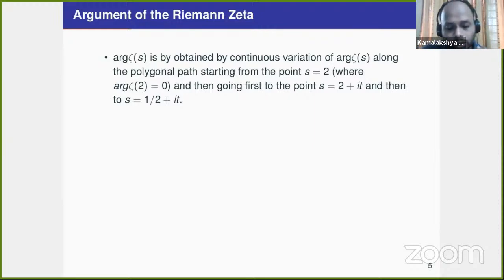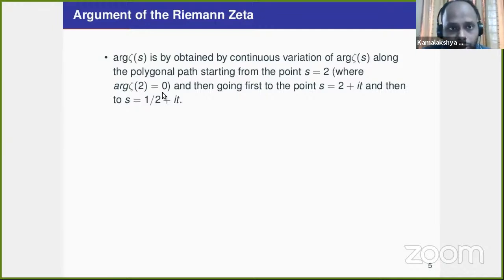Let's recall that for zeta on the real positive line, the values of zeta are also real and positive. So if we have zeta of 2 or 3, these are all positive real numbers. Let's define that the argument of zeta(2) is equal to 0.